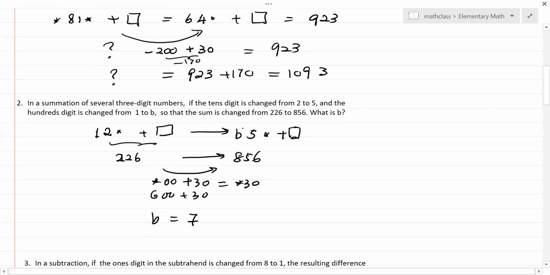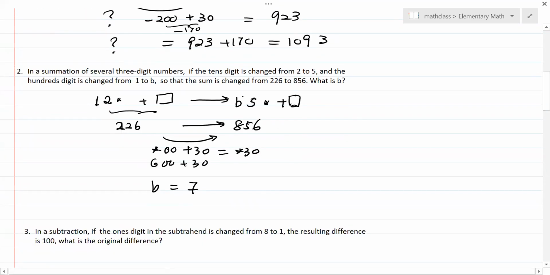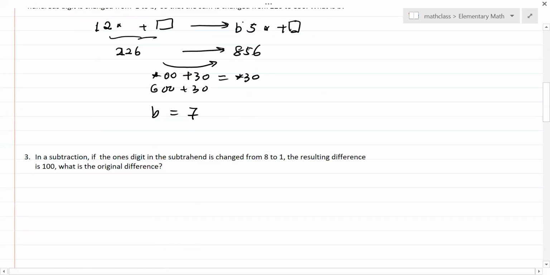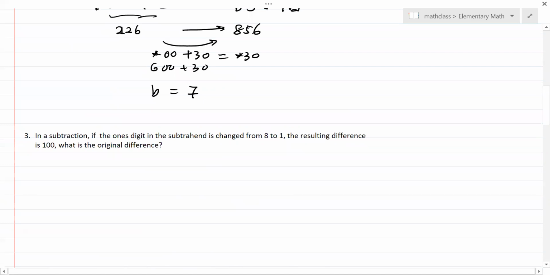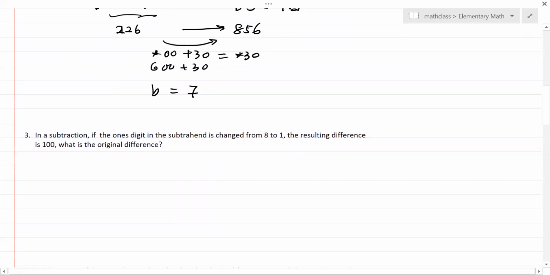All right. So now I'm going to ask you to do subtraction. In subtraction, be very careful. We have to learn some terminology about what is a subtrahend, and there's some definition on this. So let me show you.